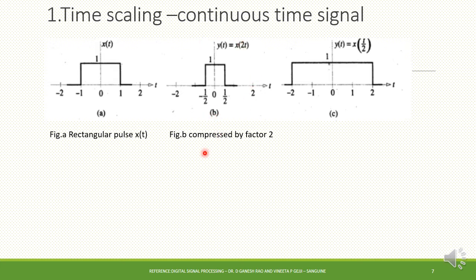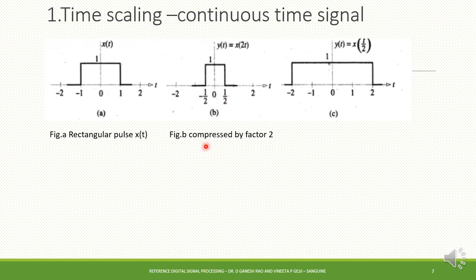In this, the same figure is compressed by a factor of 2. Here we multiplied by 2, and this is called the compression factor.